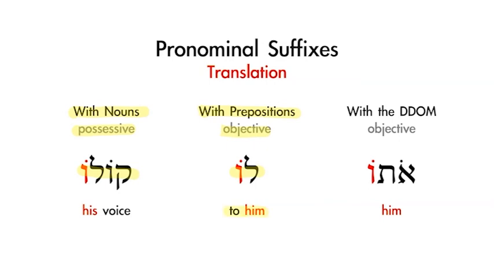Notice how the objective value of the preposition is rendered as opposed to the possessive value in the first example, his voice. His versus him, possessive versus objective. And then finally, with the definite direct object marker, the rendering is objective. So here we have the definite direct object marker, otho, with the 3ms pronominal suffix. And of course, you don't render the definite direct object marker in translation, so we just render the pronoun him. Now we'll talk more about that later when we see the whole set of pronominal suffixes, but this is just a basic introduction to how pronominal suffixes are rendered as either the objective or possessive values.